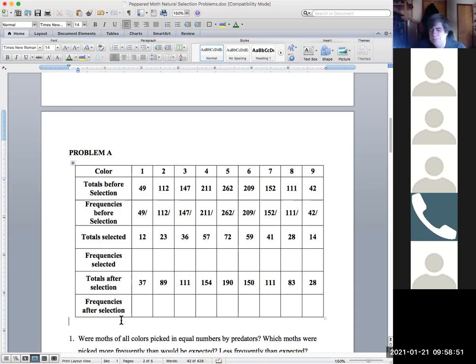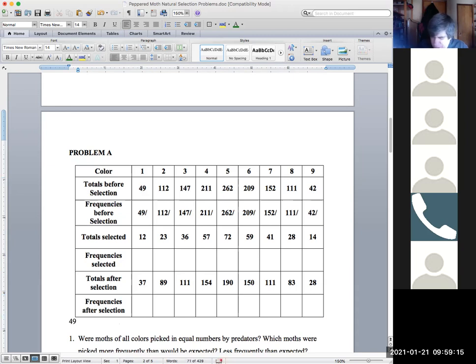Okay. So to find the frequency, if I were trying to find the frequency of males in our class, I would count the number of males and I would divide by the number of males and the number of females by that sum.